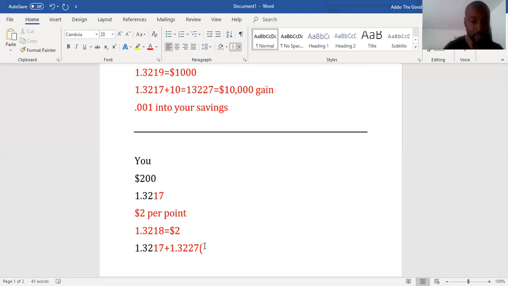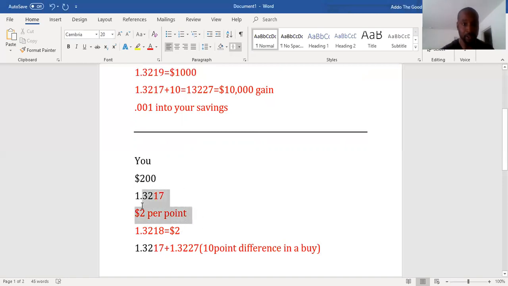A 10-point difference in a buy, and you're at $2 per point. So what's 10 times 2? That's going to give you a $20 gain in that same 5 minutes or 10 minutes, or however long it took to make a profit.